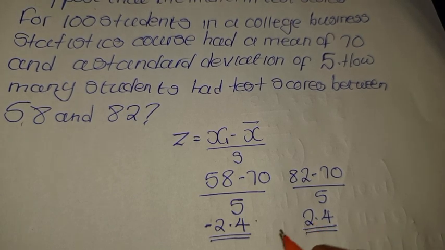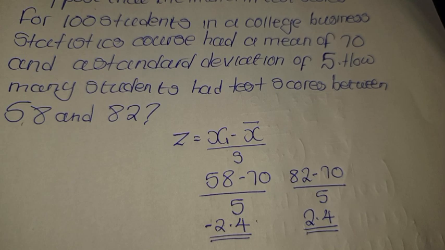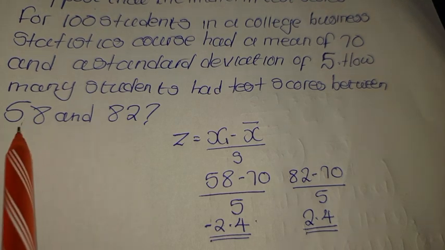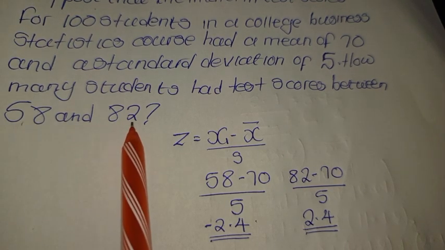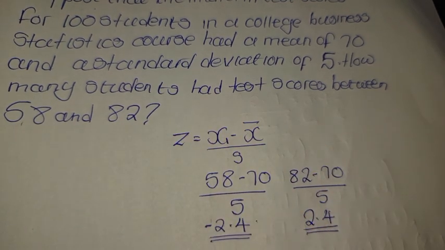Now that we have these, to indicate the percentage or rather the decimal of people that are above 58 but below 82, we need to express this figure in decimal or percentage form.